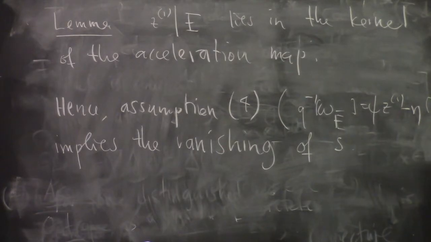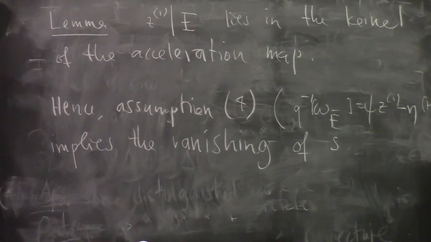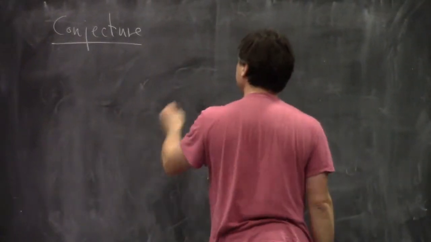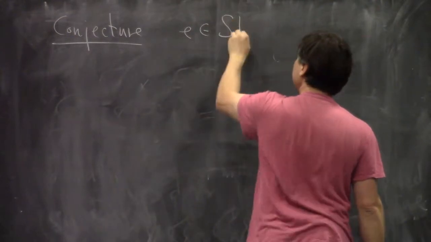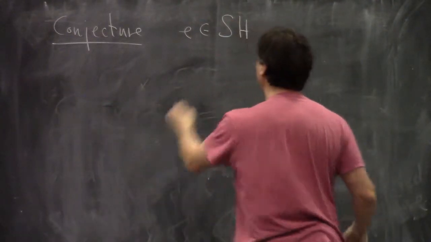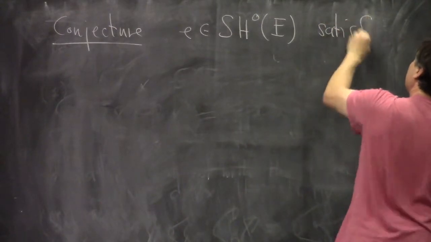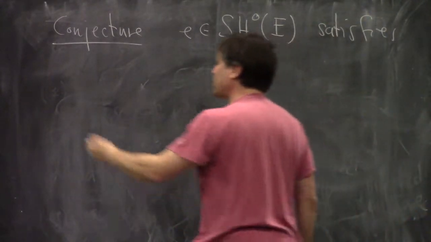So I will just not try to explain things too well, but the conjecture is that the class E, which is the identity, the image of 1, satisfies the differential equation 2.